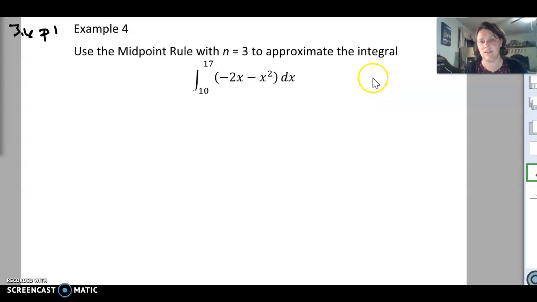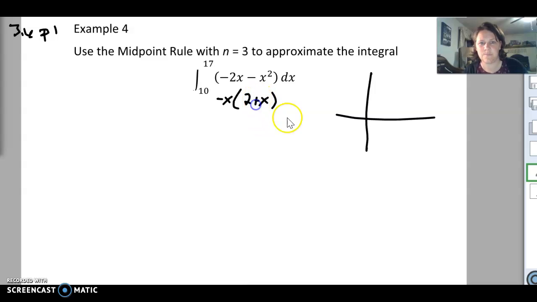Okay, so using the midpoint rule with n equals 3 to approximate the integral. So we've got a quadratic equation. And if we factored this negative x out, we would have a 2 minus x, so 2x plus x. That means we're going to have a 0 at 0 and at negative 2, and it opens down.